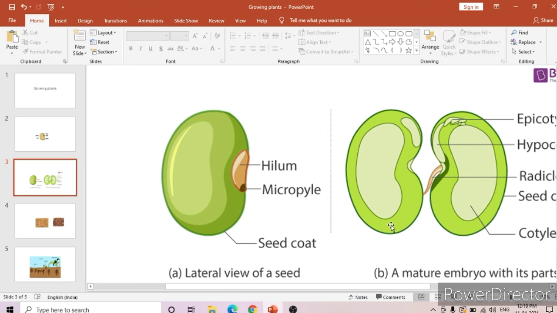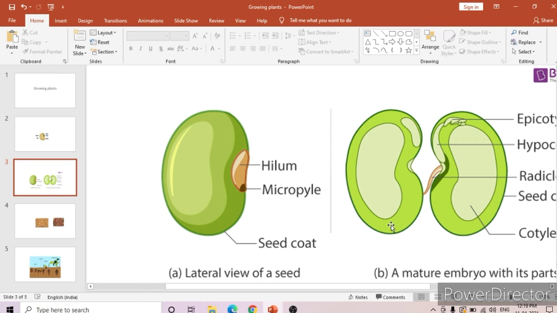And now, when the embryo starts growing, first the root system develops and then the shoot system develops. There is a part called the radicle. From the radicle, the root system develops first.